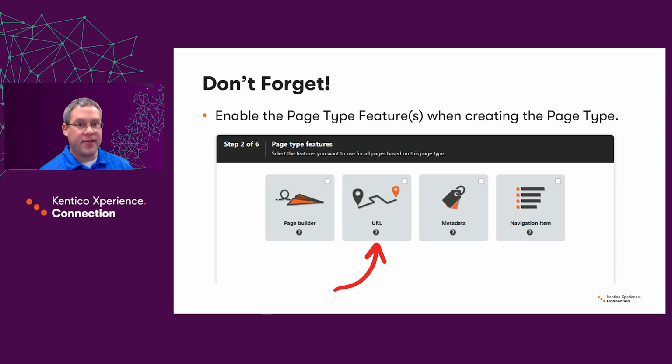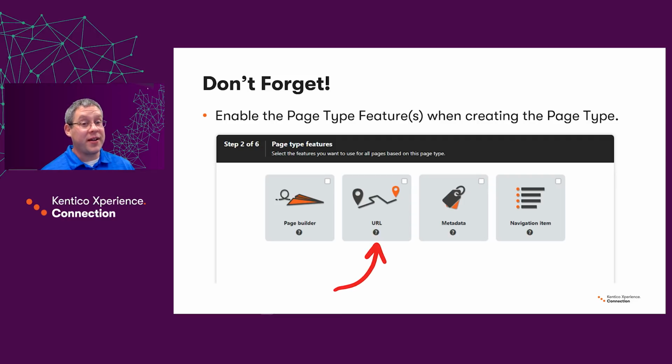Start thinking about the content model definition, the URLs, and routing before your project starts, so that when you come here, you'll know what to create and you won't have to drop and recreate things and potentially lose content. That happened to someone standing right here. So it's important to know this going into it. You have to use the URL feature to tell the system that this page type is all about having something that's routable and being in a URL. Once you do that, the basic routing and the advanced routing work.